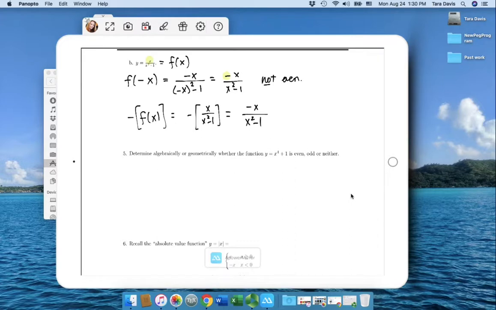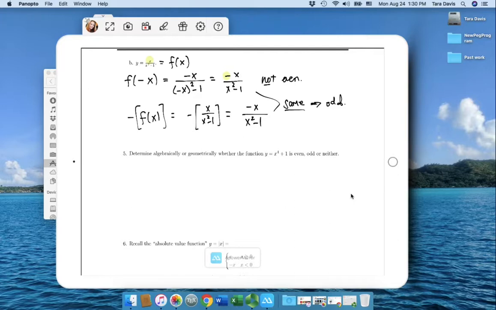So I have to compare this to the one directly above it. They're literally the same. So we can say that this function is odd. Okay? So that's an example of an odd function, a little bit more complicated one, but you can always do it the same way.